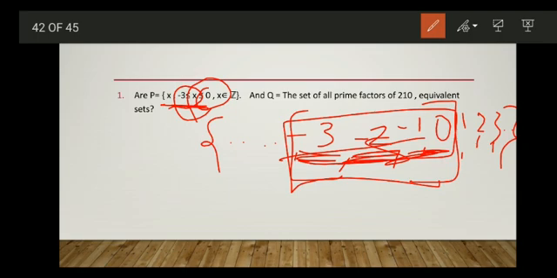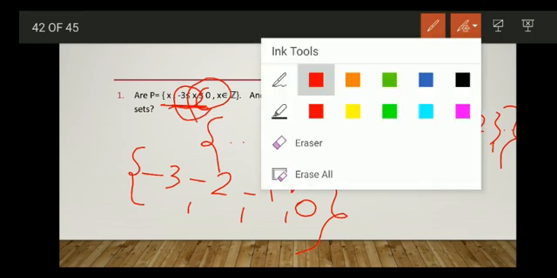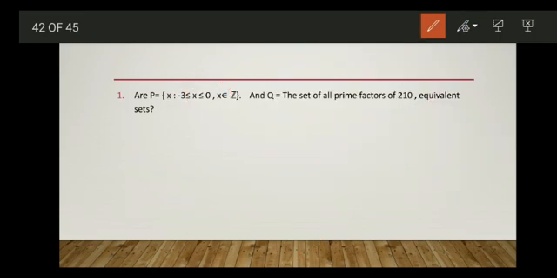So P is equal to the set of all x such that x is greater than or equal to minus 3 and less than or equal to 0, x belongs to integers, will be minus 3, minus 2, minus 1, 0. This is the set P.